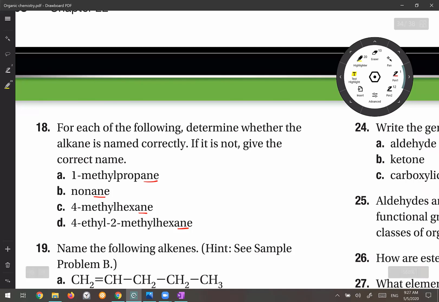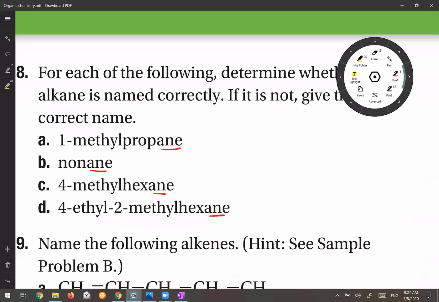So let's do question number 1 as an example. Part A, it says 1-methyl propane. So you know that propane means 3 carbons. So I draw 3 carbons here. 1, 2, 3. On the first position, it says I have methyl. So on the first position, I put methyl, CH3.